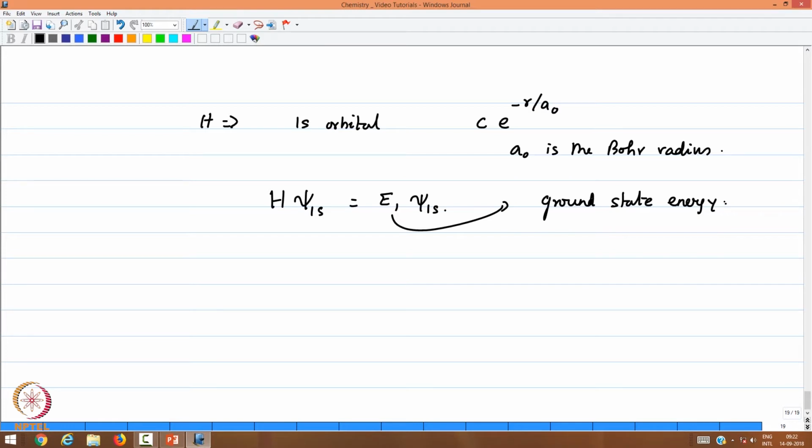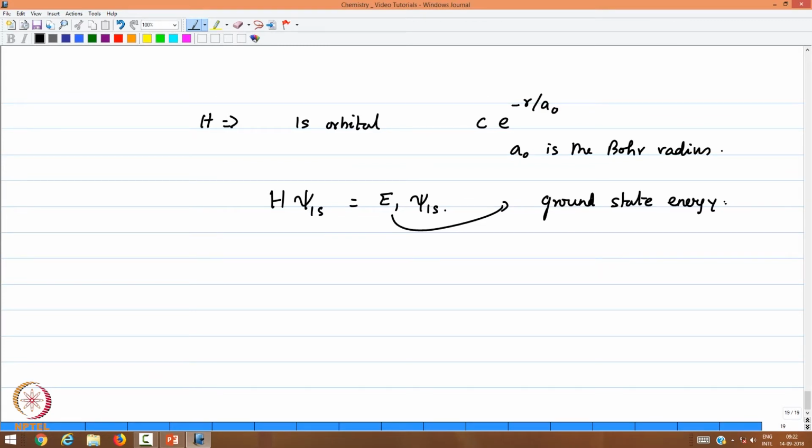Now, the expression for the ground state energy is the same as what Niels Bohr had given, and we should keep that in mind, as well as the expression for a naught. Recall that a naught, the Bohr radius, is given by the following form. If you recall, the hydrogen atom Hamiltonian is minus h bar square by 2m, 1 by r square d by dr r square d by dr, the radial part, acting on psi 1s.